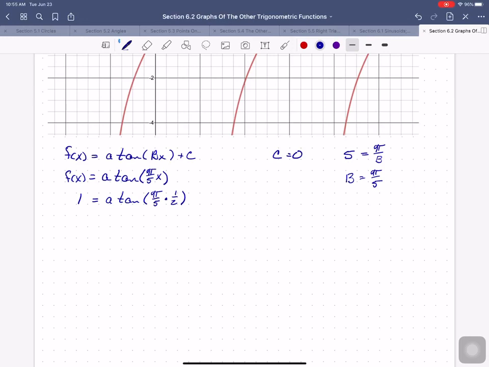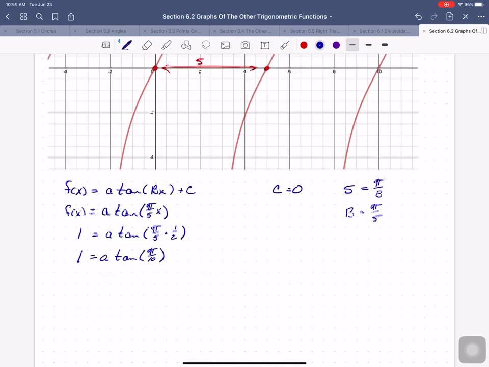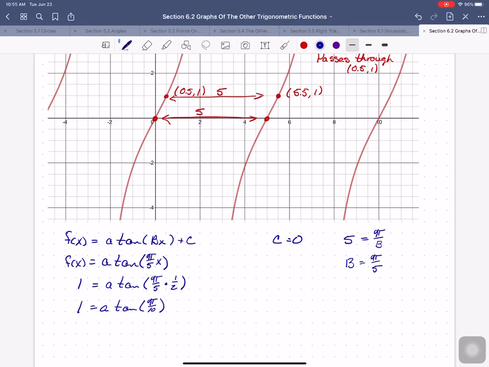Now, here's what that means: pi over 10. Now, if you don't like that point, and I kind of don't like that point, but that's okay. You could use another point like this one, but that's not going to be much better. So we're going to stick with this.